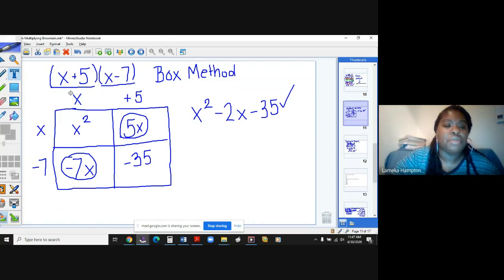So for example, I put x plus 5 at the top, but I want you to see how I broke down my x and I put it here and I put my 5 here. And I put the addition sign with it because remember, the number takes the sign. So the next thing I did the same thing with x minus 7. I put my x over here to the left, and I put my -7 at the bottom.